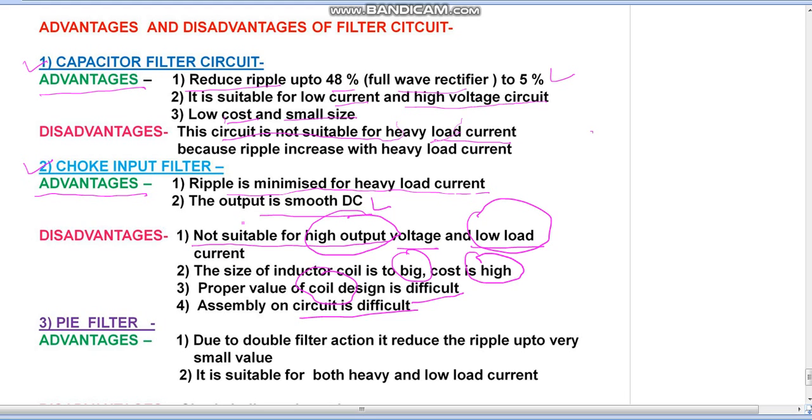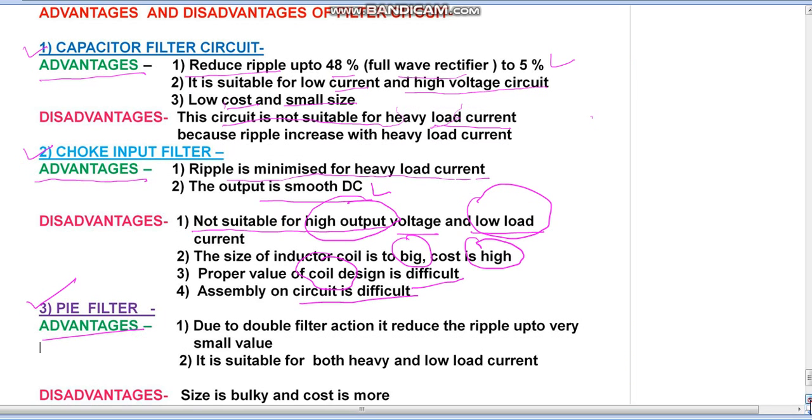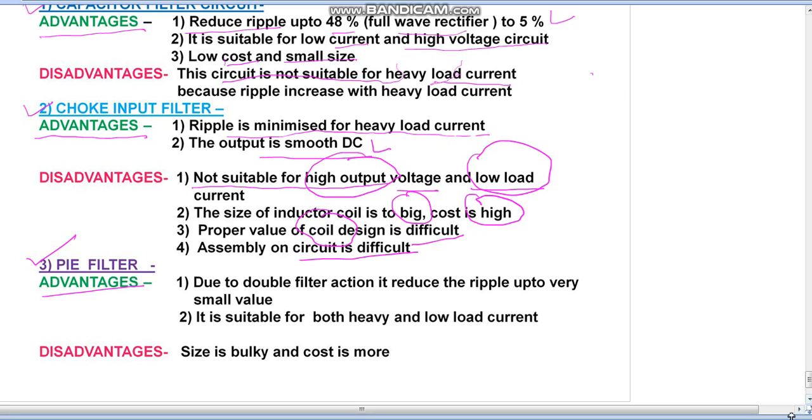Now next, the third filter circuit, that is the pi filter circuit. Its advantages are: first advantage, due to double filter action, it reduces ripple to a very small value. There is almost no ripple at the output.